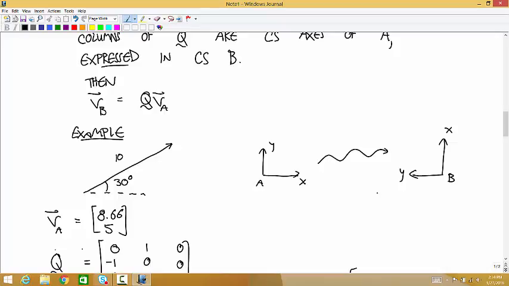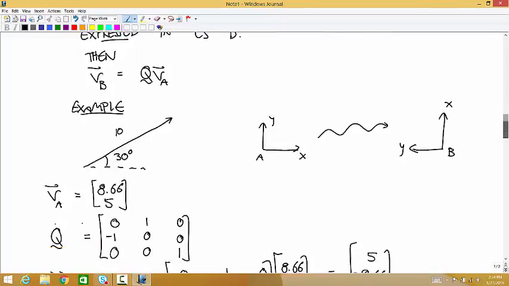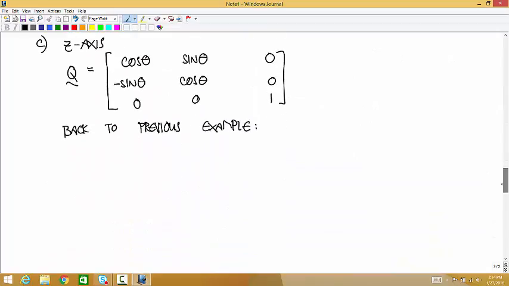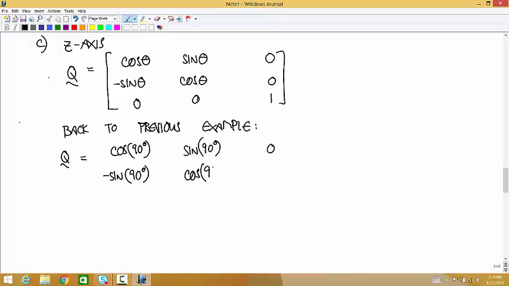So that rotation matrix should be equal to cosine of 90, sine of 90, 0, negative sine 90, cosine 90, 0, and then 0, 0, 1.